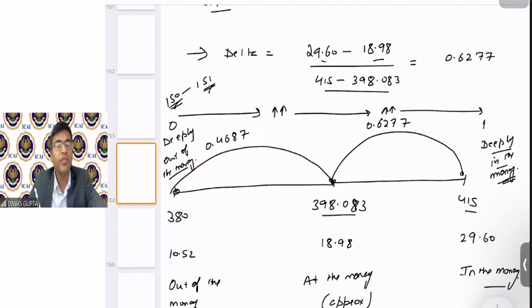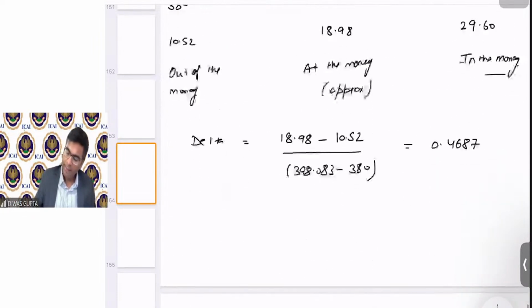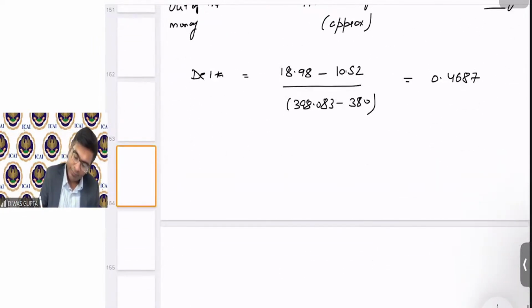It is deeply out of the money. It will slowly start increasing from 0 to a higher number once the option moves from out of the money to in the money. So delta is the change in the call option price divided by the change in the spot price.